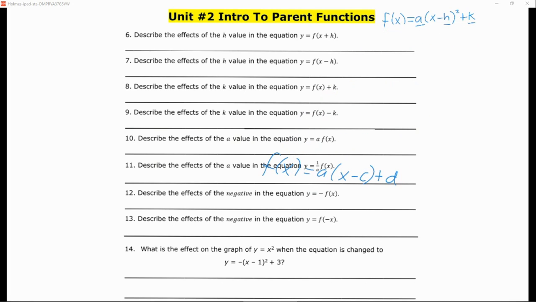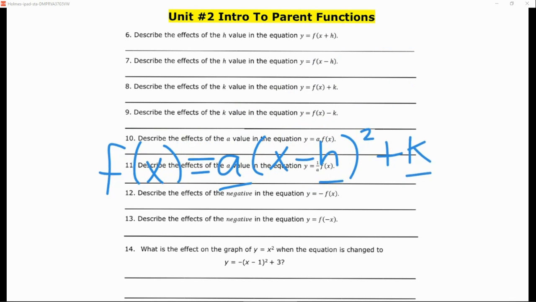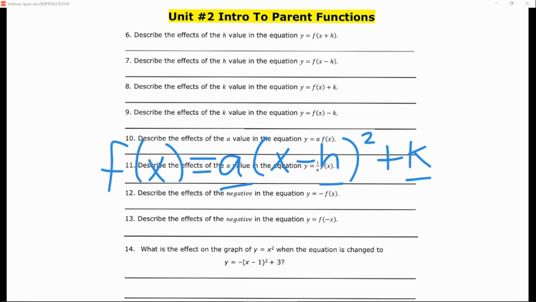Let me move this back again, because the one that I posted before has a square, and that's not true. I just want to focus on the general scenario, not just quadratics, but on all scenarios. It can be any function, not just a quadratic.